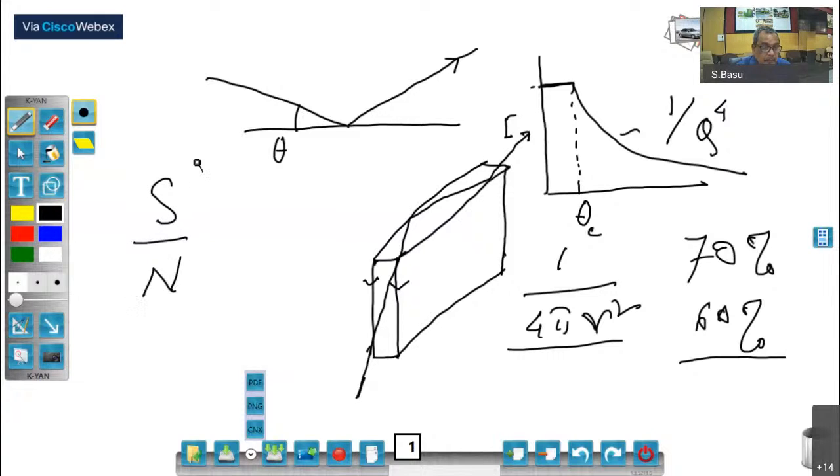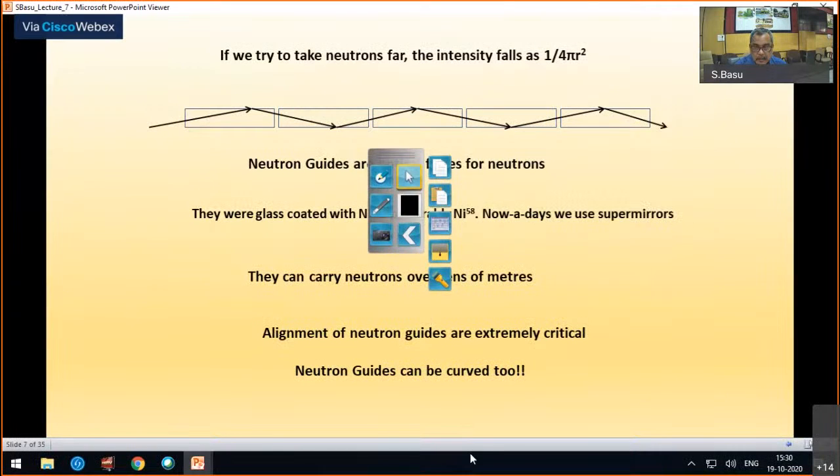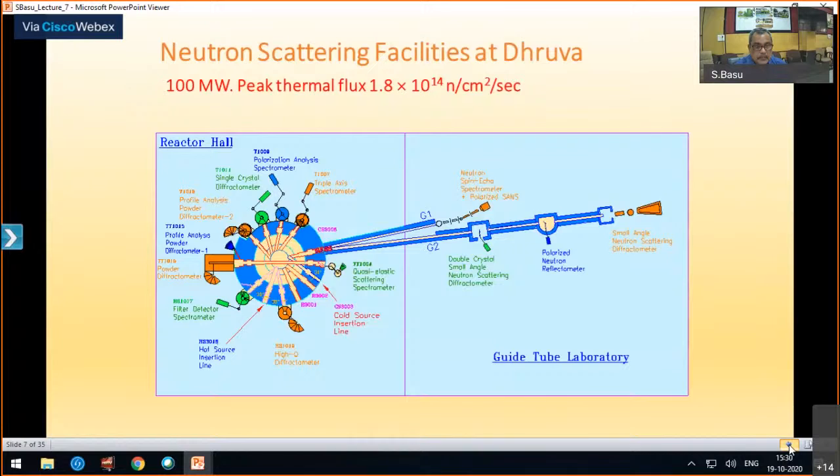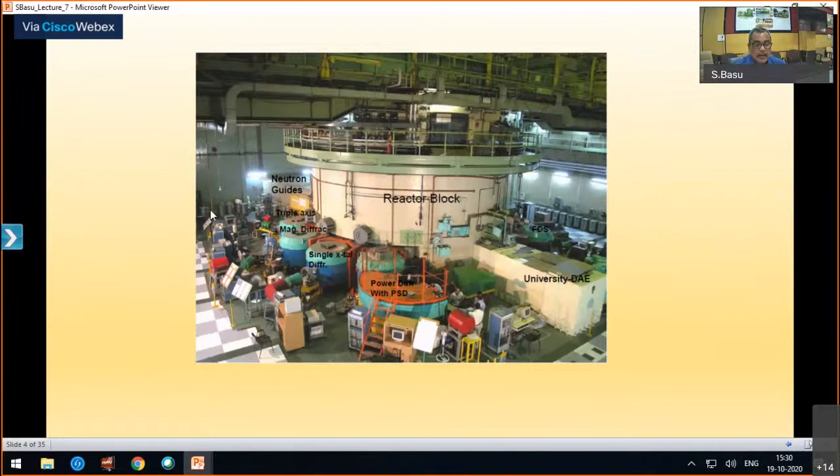When we are doing neutron scattering experiments, this is an important thing because we have detectors which are measuring neutrons, but they are also surrounded with lots of neutron absorbing material because this reactor hall has got lots of background.